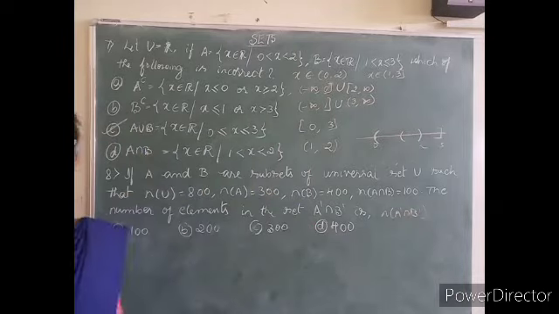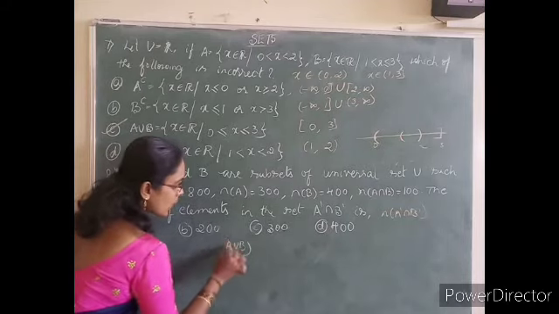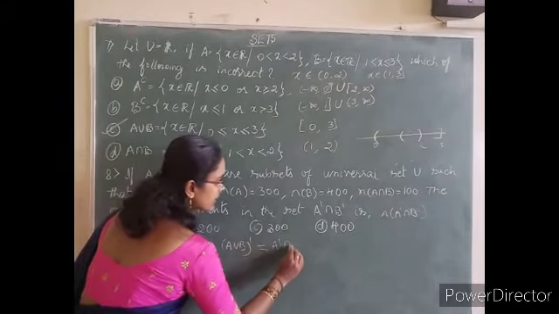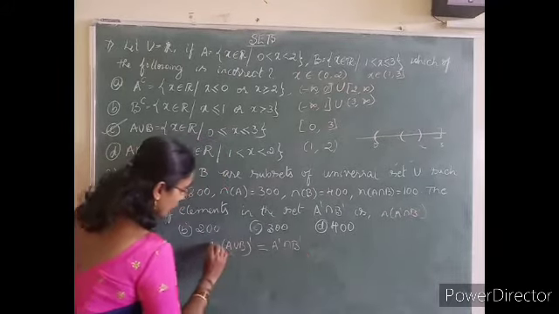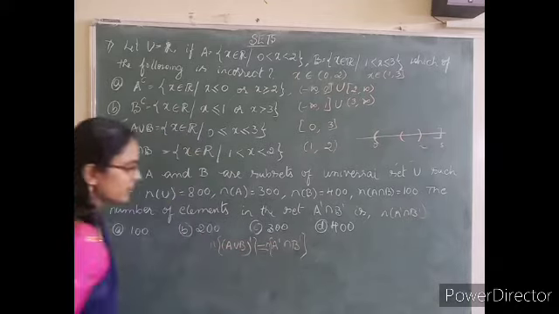So this will be easy when we use De Morgan's law. De Morgan's law says A union B whole complement is equal to A dash intersection B dash. Therefore, you want the number of elements.